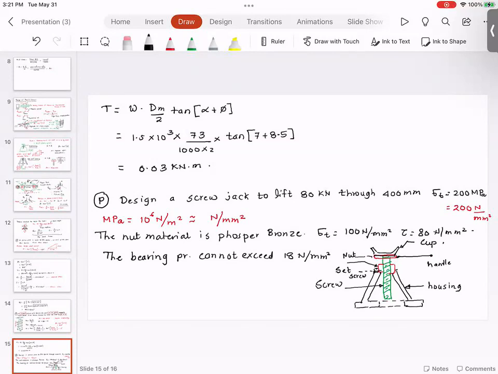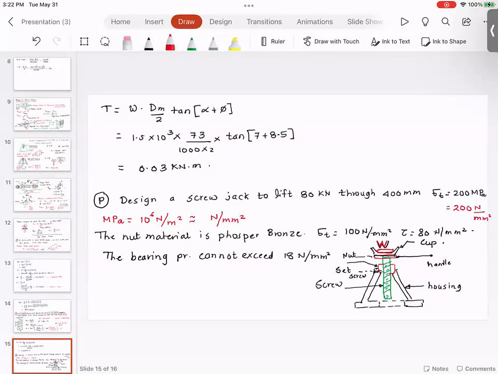But one observation here is, imagine that there is this big load W. Recognize that at the interface of this cup and this platform, there is going to be friction. And that friction is going to cause some resistance to the handle motion. We want to rotate the handle, but there is a load acting on the platform and the cup.